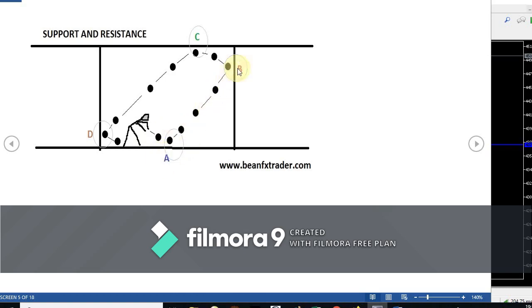Point B also serves as a kind of resistance to the ball before the ball bounces and touches point C. Then the ball ricocheted and hit the wall at the back of the boy before dropping to the floor. So the ball impacted 4 points: A, B, C, D. So these 4 points serve as support and resistance to the ball.